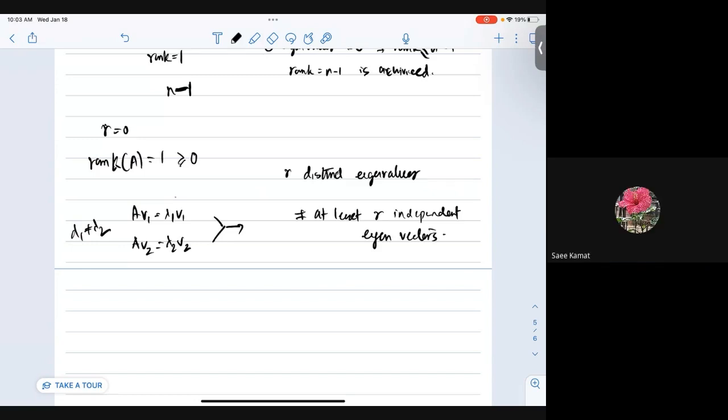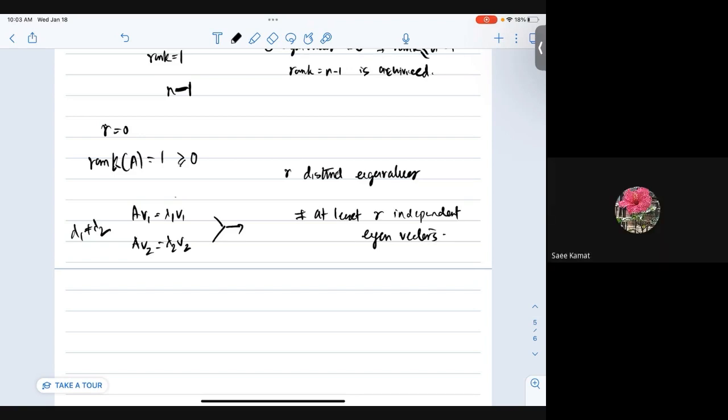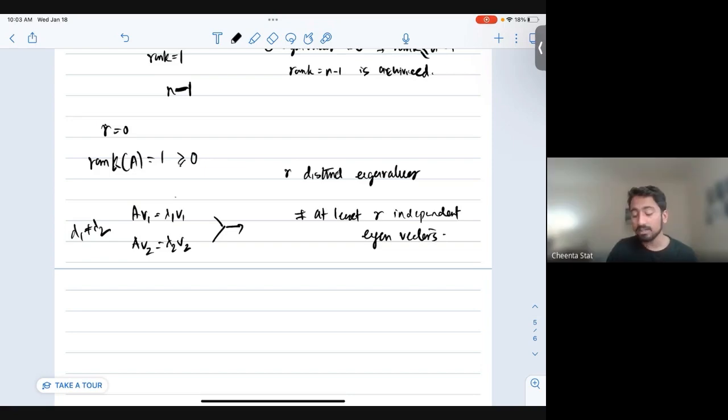You're right. But if I know there are exactly R distinct eigenvalues, then there are exactly R independent eigenvectors. The problem statement says they are distinct eigenvalues, so it is not at least R.